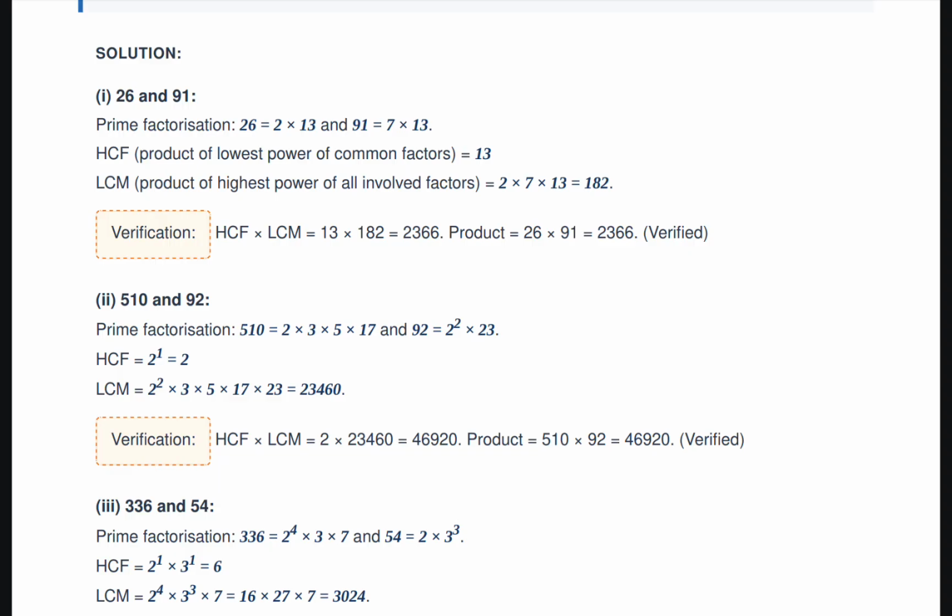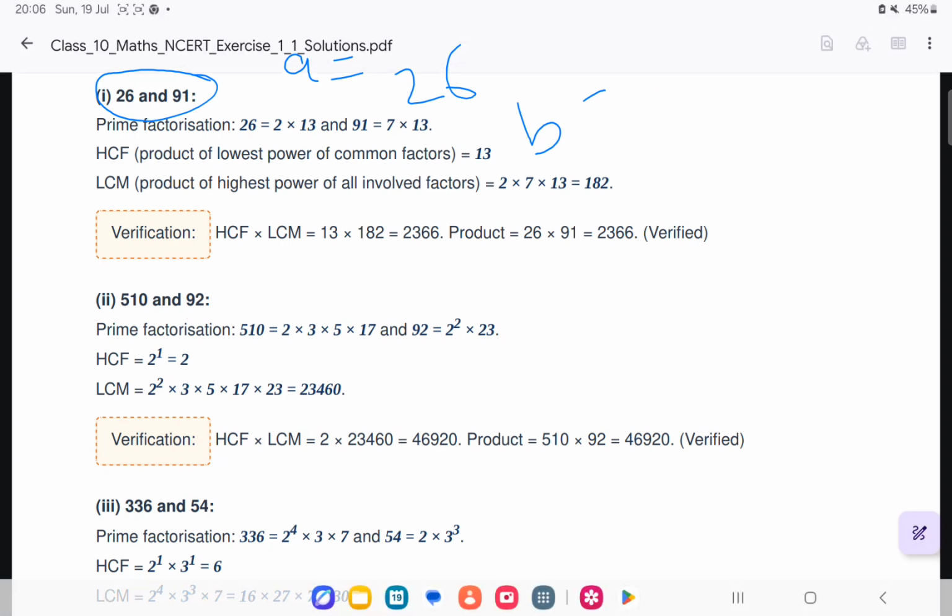You can see here two numbers which are 26 and 91. So you can suppose a is equal to 26 and b is equal to 91.